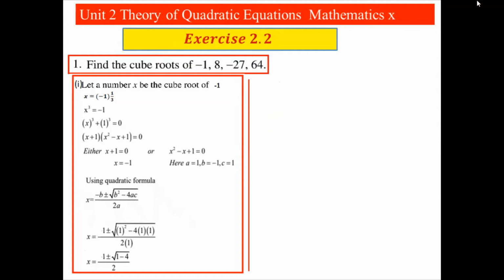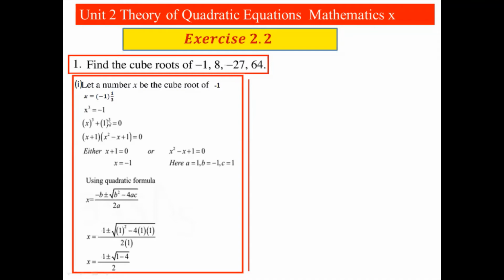Now we have to take cube on both sides. So x cube is equal to minus 1. So now we can take this minus 1 to the left hand side of the equation. So we have x cube plus 1. So 1 can be written as 1 cube.